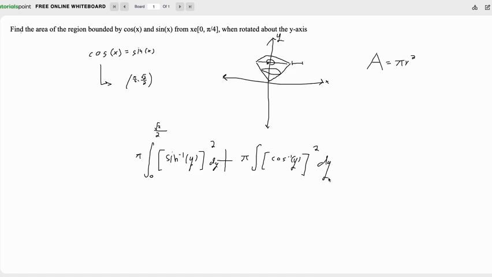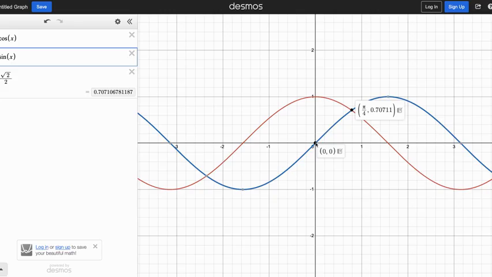And just to real quick think again about what we're doing here, in terms of y, we're going from the y coordinate 0 all the way up to root 2 over 2, and we're simply spinning a disk around the y-axis, and we're using the radius in terms of the circle area formula.